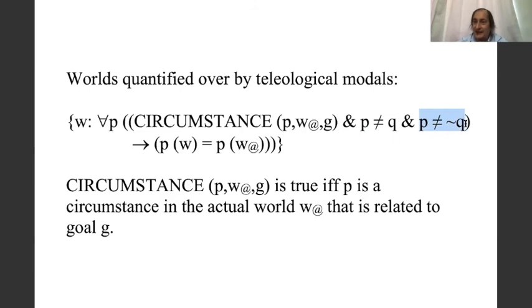P is not Q either. It's not, John does not take the Shinkansen. All of those circumstances share a truth value at this world and the actual world.